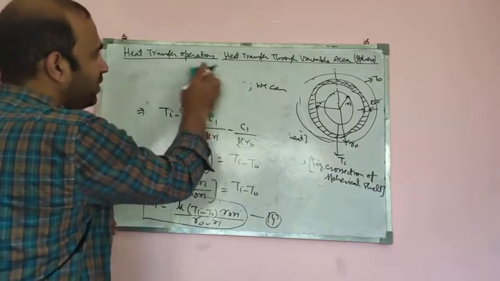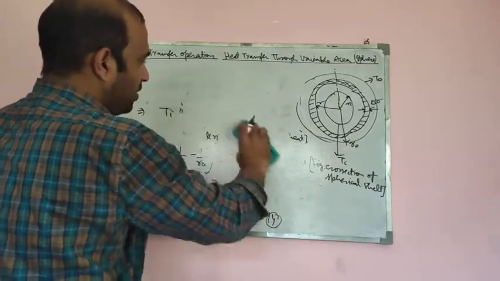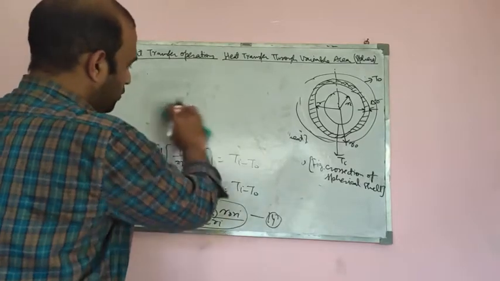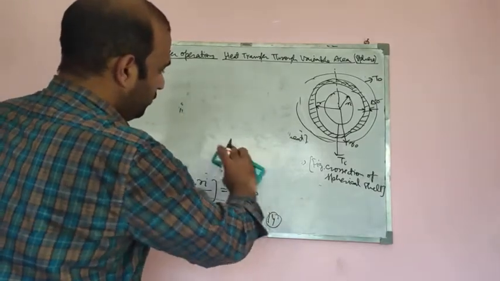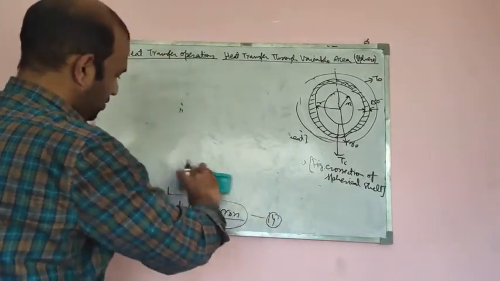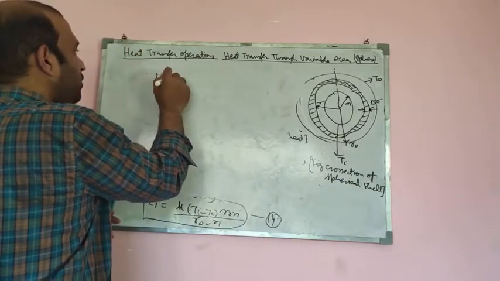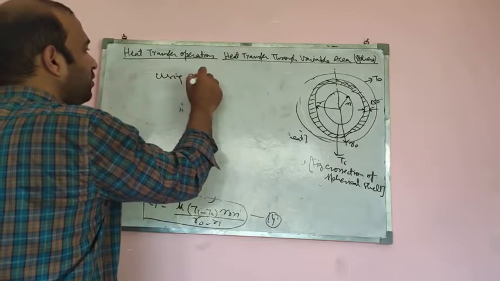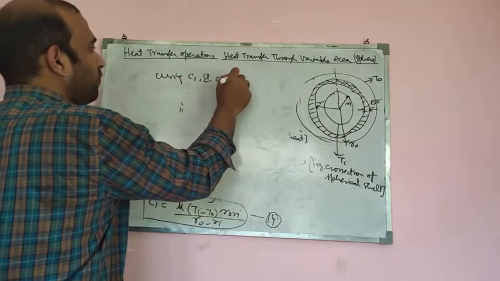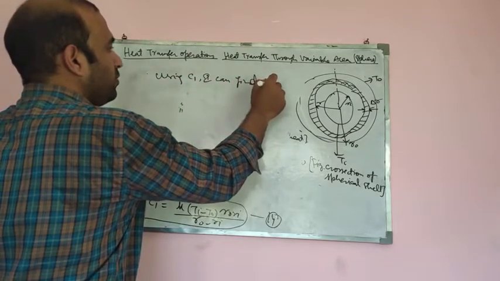So when you find C1, you can put the value of C1 in the earlier equation that I've shown. From there you can find the other integration constant easily. Using C1 I can find C2 easily.